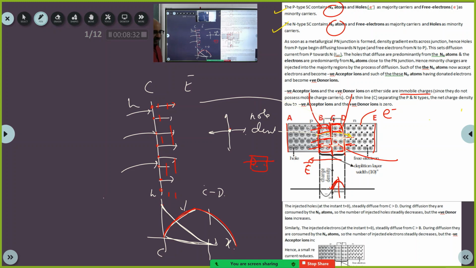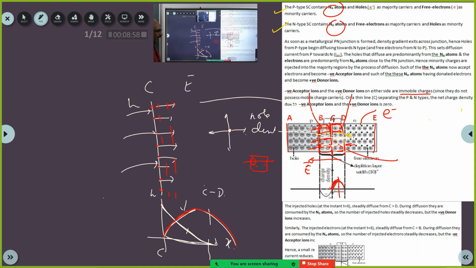Because of the concentration gradient. So as they move towards this side, some of the holes that had come this side are neutralized by these majority carriers, and therefore you will get a shape like this. Agreed?